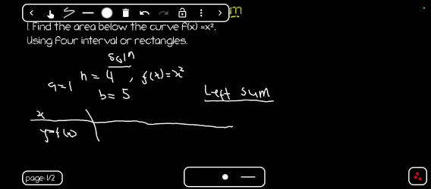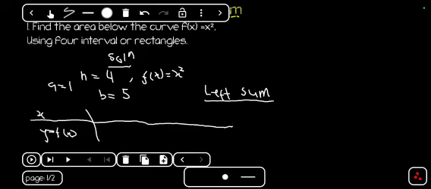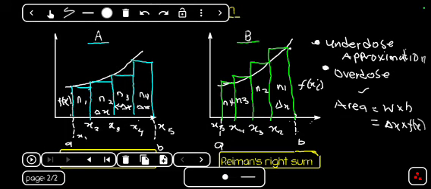Okay, so let's go back to the previous diagram we drew. For Riemann's left sum, we do not include x5, the upper extreme, which is b. Why? Because x sub 4 has the same height as x sub 5, the same rectangle. If you repeat x5, it's like we are finding the height twice, 2 times the height and then times the width, which is not the area of a rectangle.